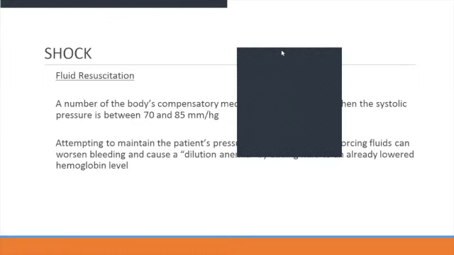Apparently AAOS is saying between 75 to 80. 75 to 80 feels a little too low for me. So if I can keep a patient's systolic at least 90, I will be happy. Yes, fall back to your local protocols.